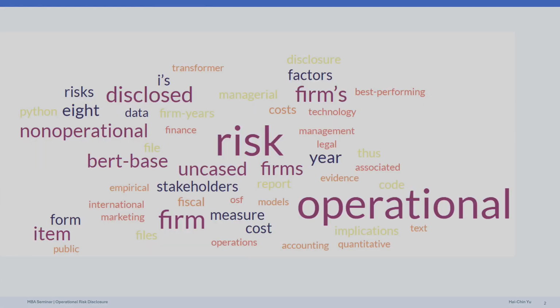First of all, this is the word cloud. When I input this paper, the highest frequency word appears to be operational, which is the main issue. The other is non-operational.